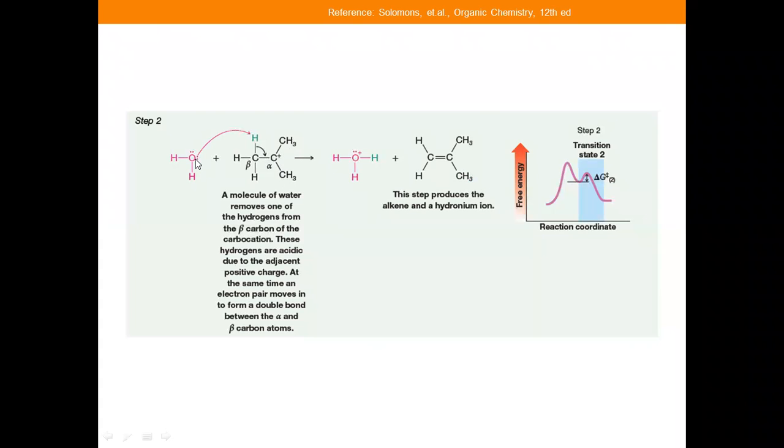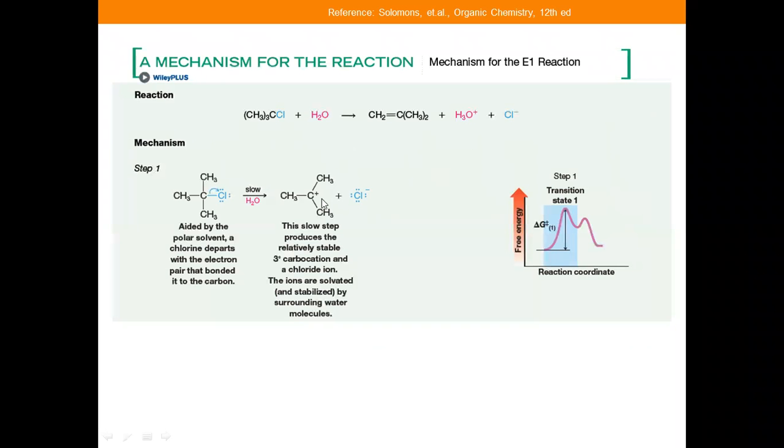For example, this is a hydrogen, and this is your alpha carbon. Once chlorine, for example your leaving group, leaves, you have this, and this is your proton, for example H+. That will be your alpha hydrogen because it's attached to the carbon.